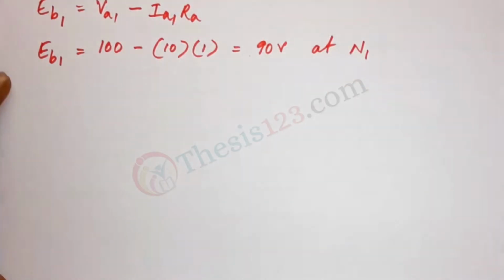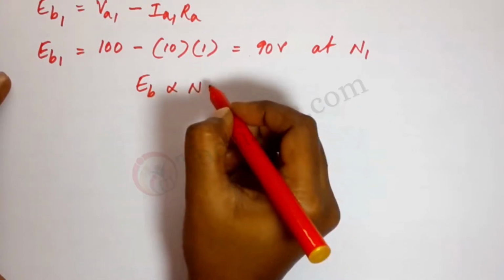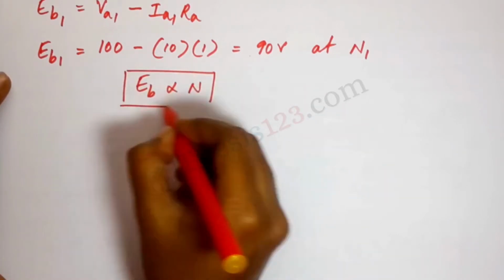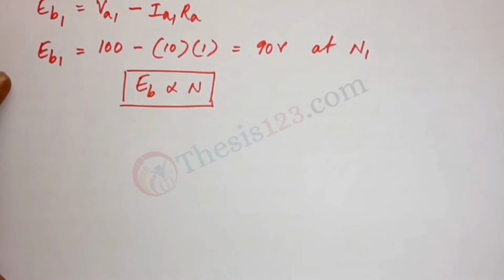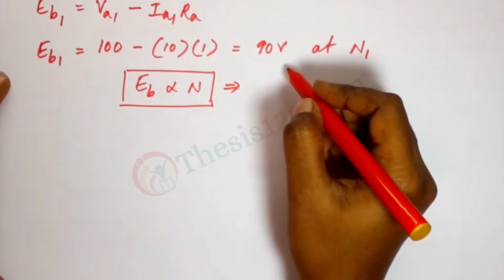Now for a separately excited DC motor, we have another relation where the back EMF is directly proportional to speed. So EB is directly proportional to speed. The question doesn't say anything about the flux.